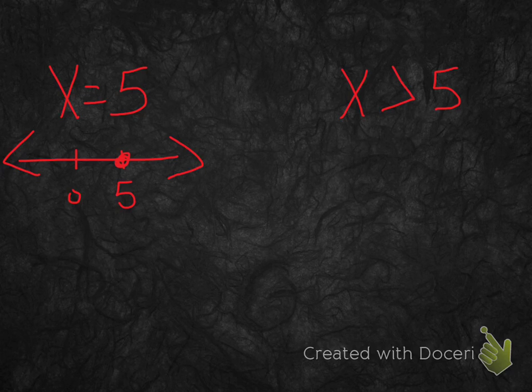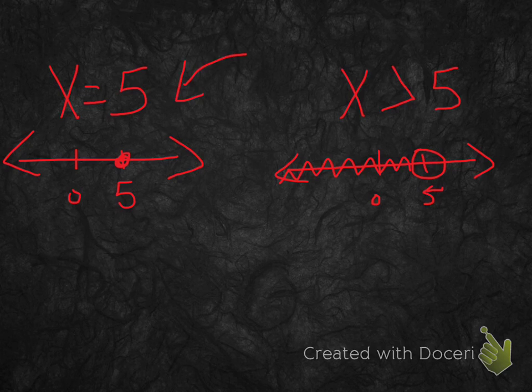That's x is equal to 5. X is greater than 5 would be graphed like that. Now, because it's an open interval, I'm not including 5. Where on this side I did include 5, and in fact 5 was the only thing. On this side, because it was not a closed interval, I actually excluded it.